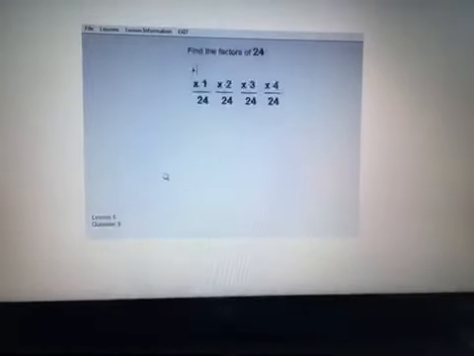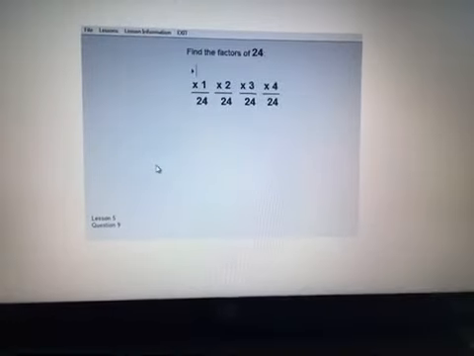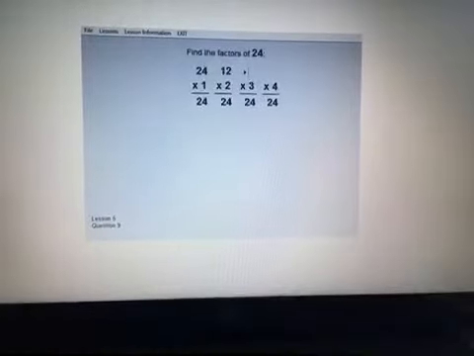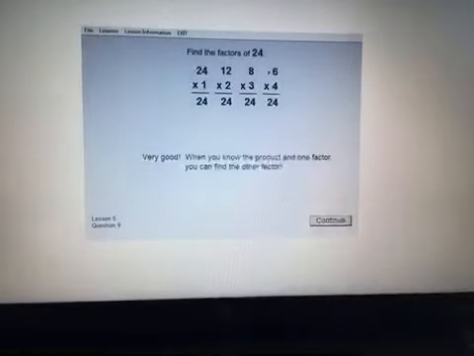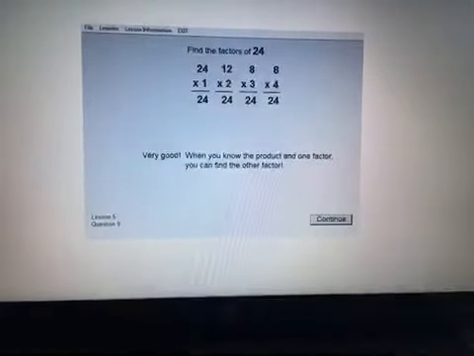This, again, is quite complex, but the children were able to, all of the children in our study were able to do this. All of them learned to multiply.